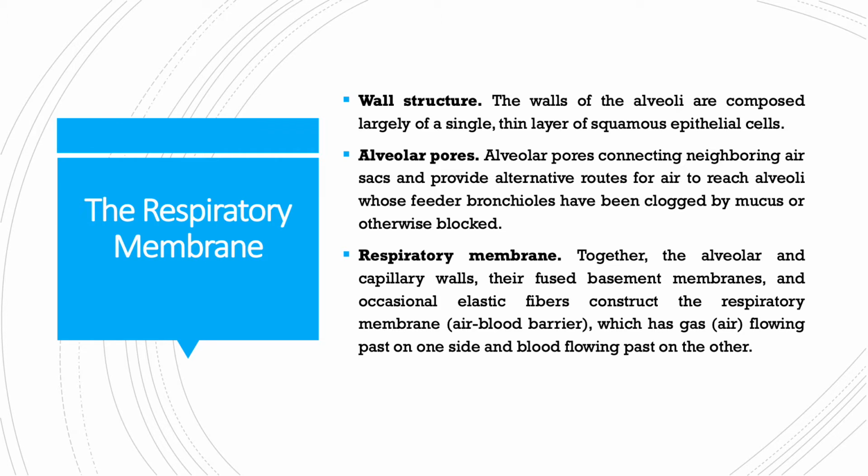Third is the respiratory membrane. Together the alveolar and capillary walls, their fused basement membrane and occasional elastic fibers construct the respiratory membrane, which has gas flowing past on one side and blood flowing past on the other side.